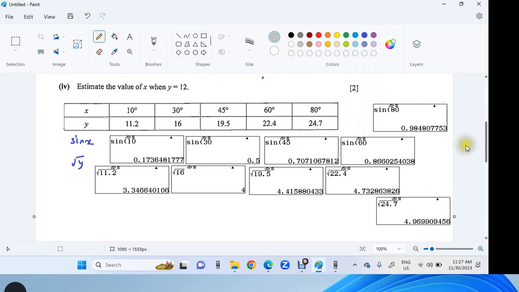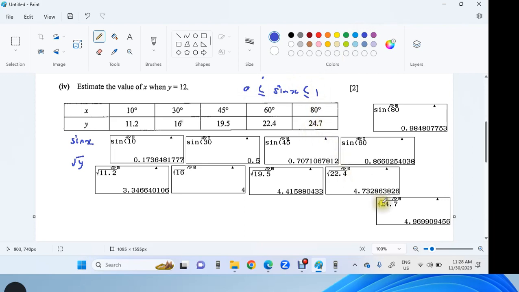After this we have to draw the graph. We can see that the value of x is between 0 and 1, so the sine x that we get is between 0 and 1. So for the x-axis, I will use 0 to 1.